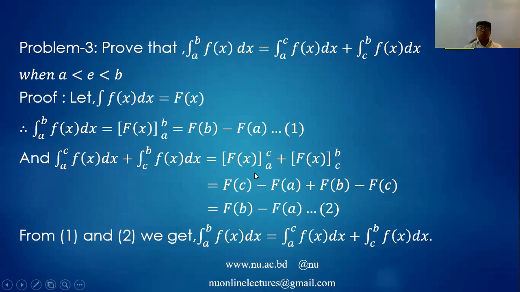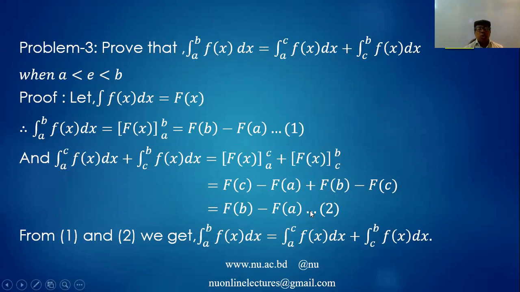Substitute these two values: the upper is c, so F of c minus the lower a, so F of a, plus the upper is b, so F of b minus the lower c, so minus F of c. Cut the equal values: minus F of c plus F of c will be deleted. So finally we found F of b minus F of a.